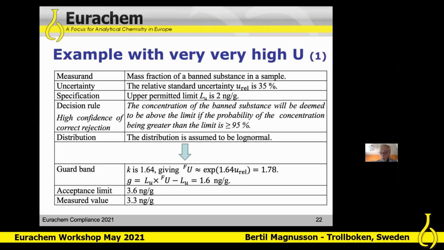The URL is 35%, that is the expanded uncertainty is 70. And we will have high confidence of correct rejection. That means that we will put the guard band on top of the limit. So we calculate a guard band and we have an acceptance limit of 3.6 and the measured value is 3.9 nanogram and it's also accepted.